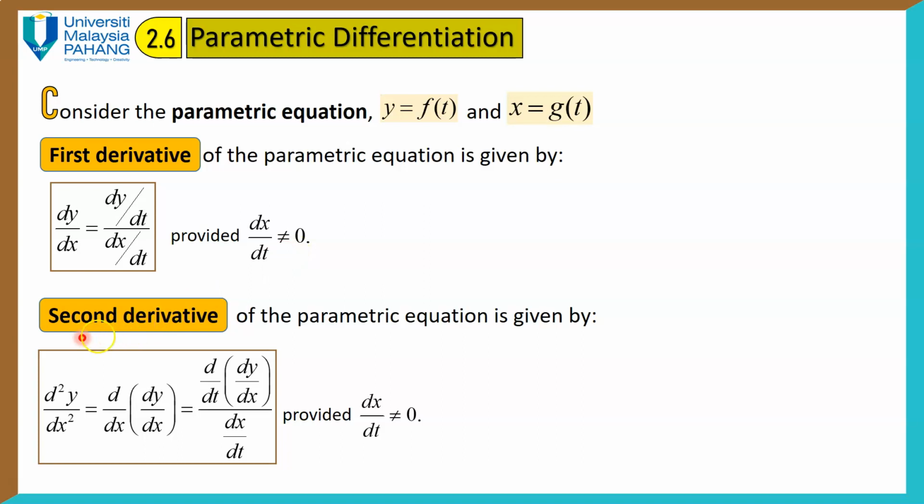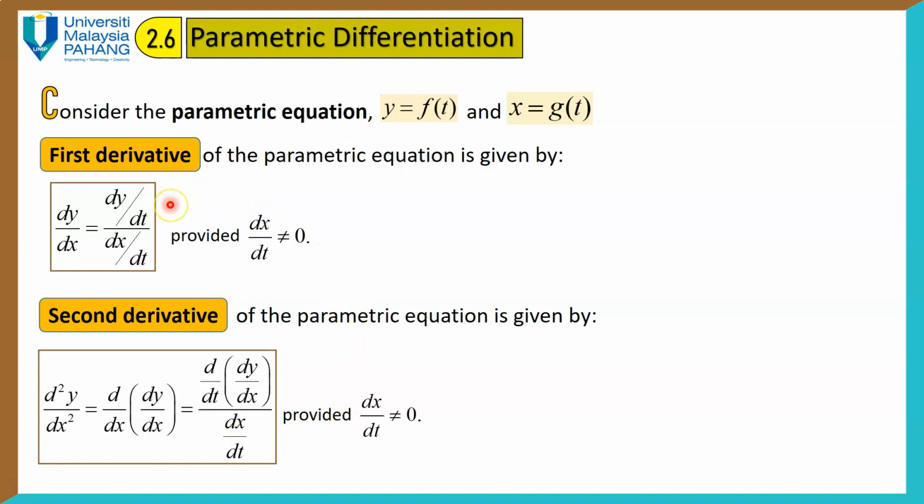To find the second derivative of y with respect to x for the given parametric equations, we can use this formula: y double prime of x can be calculated using d/dt of your function y prime of x, divided by dx/dt. Again, provided that dx/dt is not equal to 0.